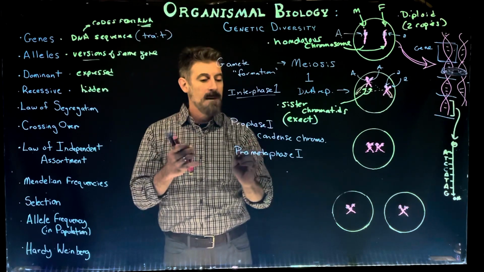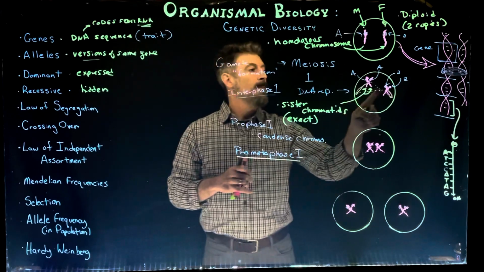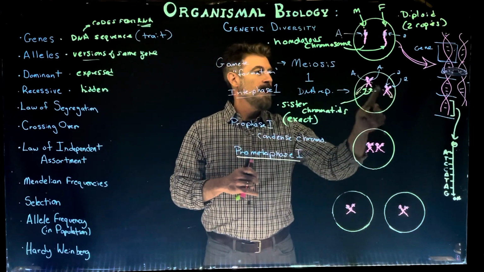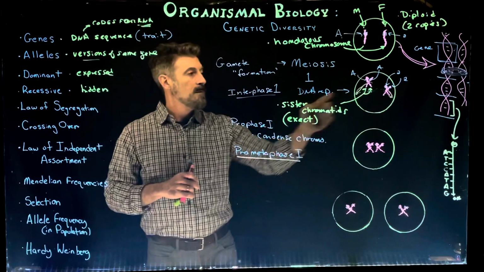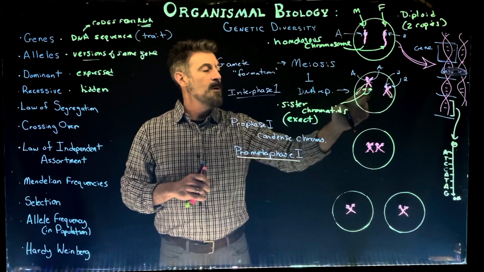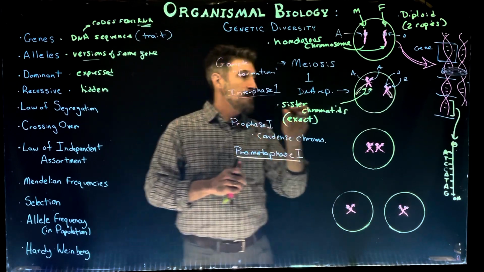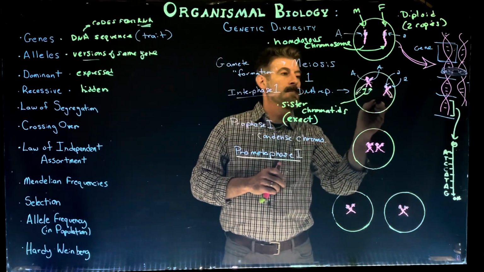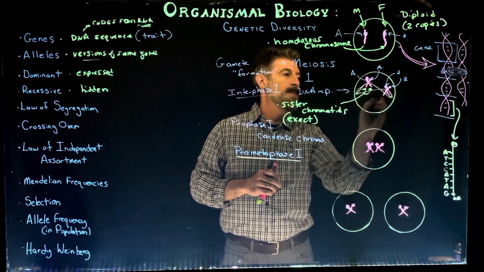That's not what happens in prometaphase 1 of meiosis. It only partially occurs. What happens in prometaphase 1 is that only a single one of the sister chromatids has a kinetochore tubule attached to it. So it's not all of them, essentially.